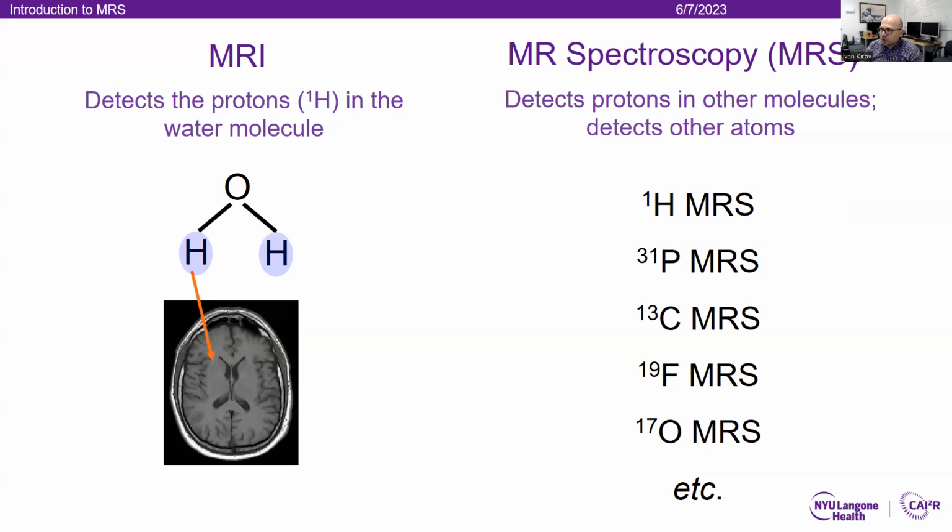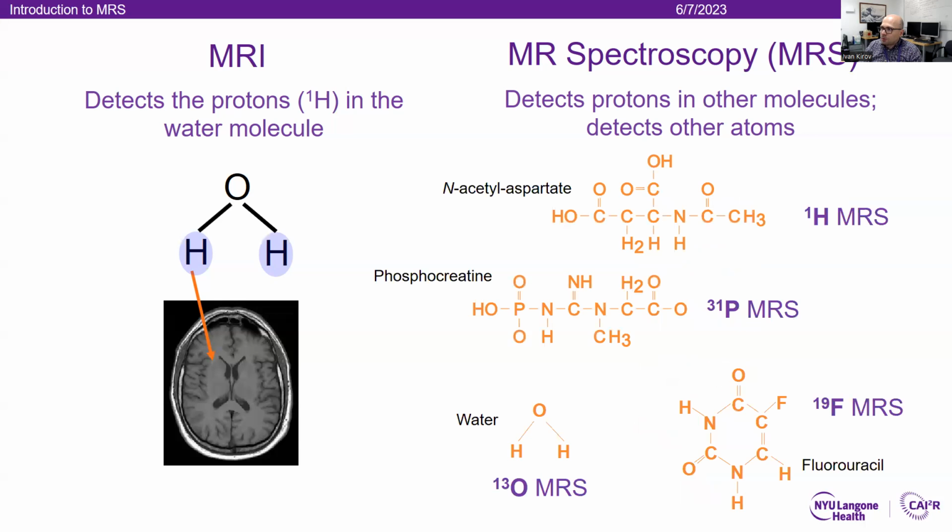And there's phosphorus MRS, carbon MRS, and so on. And here are some examples. With proton MRS, here I'm showing the molecule N-acetylaspartate, which is detected by detecting its methyl group that is highlighted.